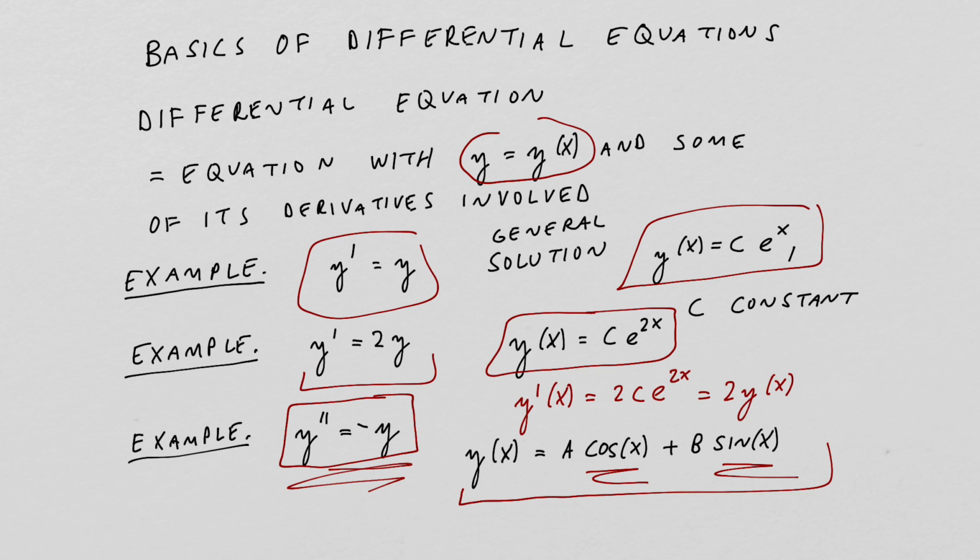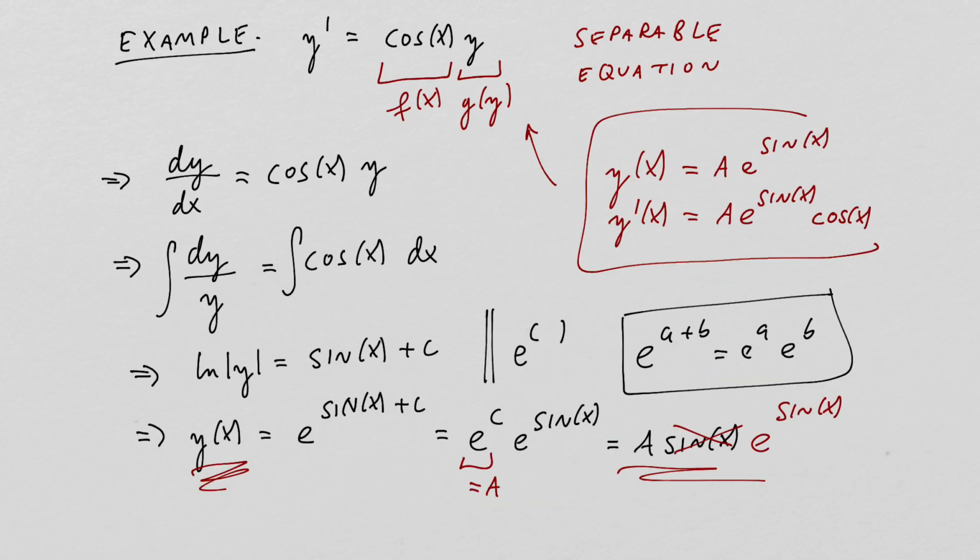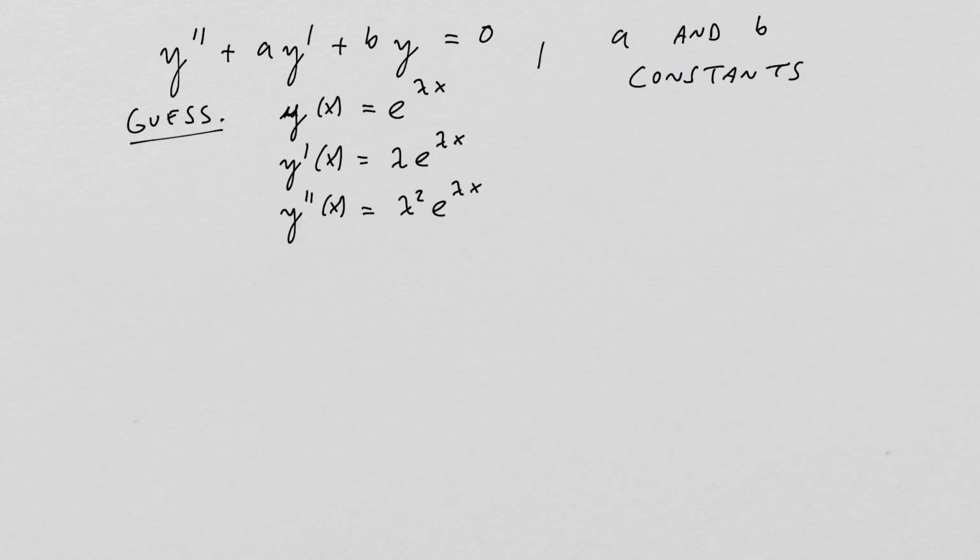Very often in differential equations, the solutions are given by some exponential functions. Even in this case. So let's guess that y is some exponential function. Here we have some parameter lambda. It's a Greek letter.